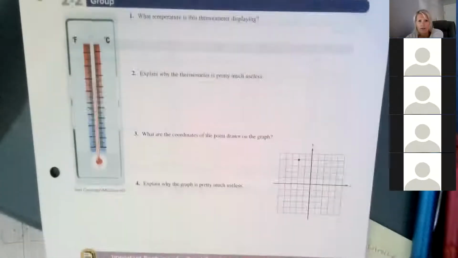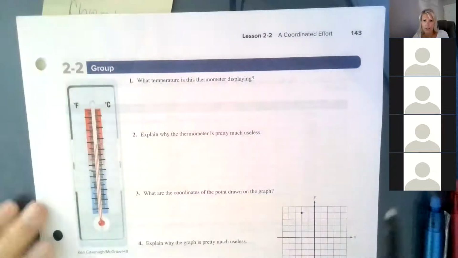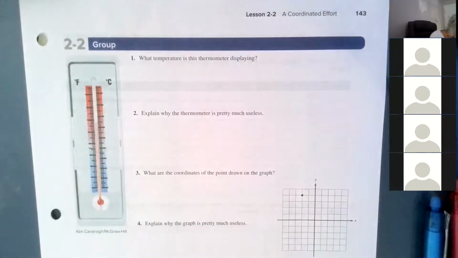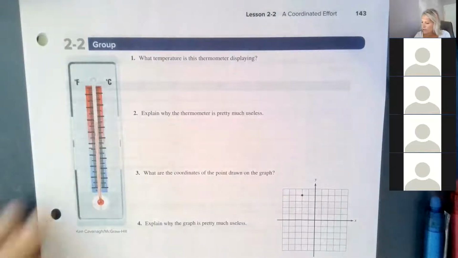Okay, so the next page is we're looking at a thermometer here. What does it look like the thermometer temperature is?